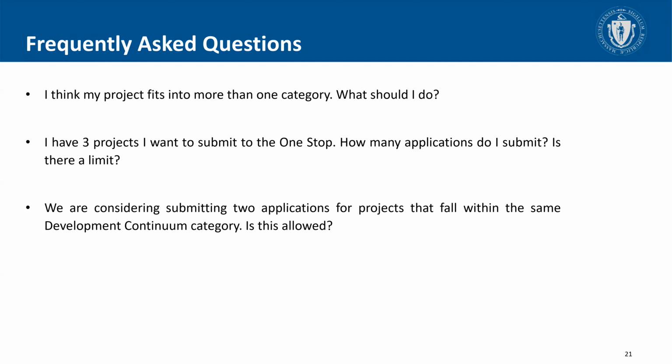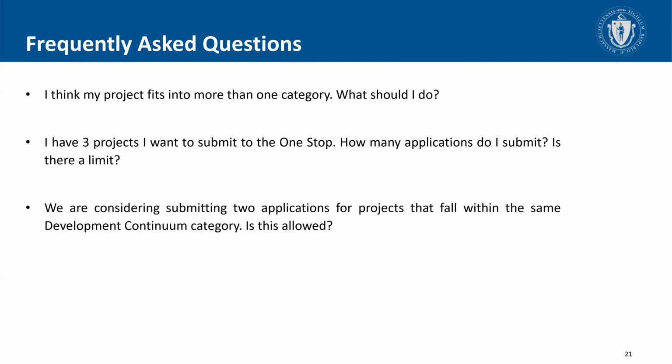So, as we mentioned in the first webinar, it's probably important to note the big change with the expression of interest for those of you that have participated in the past. We used to have, you used to submit it through the IGF system, and there was a limit to the number of projects you can submit. It was 5, and then it was reduced to 2.